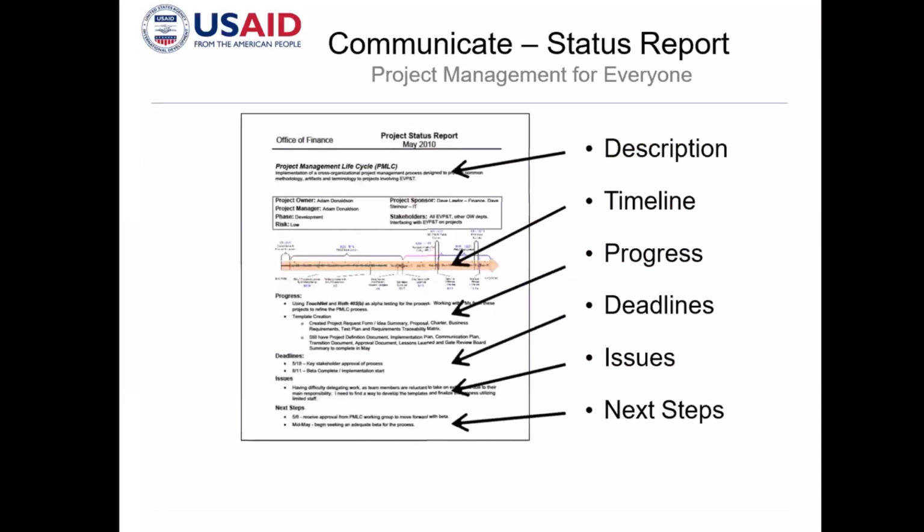You should have a description of what project you're publishing, the timelines, the progress, the deadlines, the issues, and of course the next steps or action items that need to be done during each phase of the project, or as the project progresses, weekly, monthly, after 3 months. So you will have to publish a status report for each of those durations. So as you can see, this is a major undertaking of a project engineer or project manager of updating the stakeholders of your project.